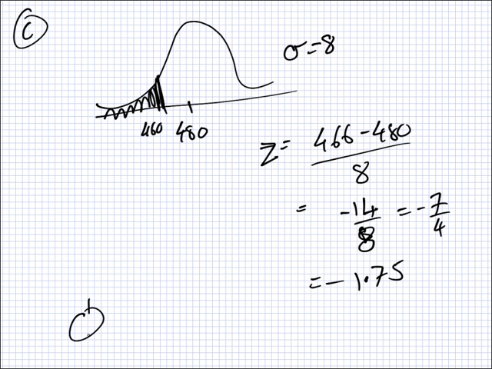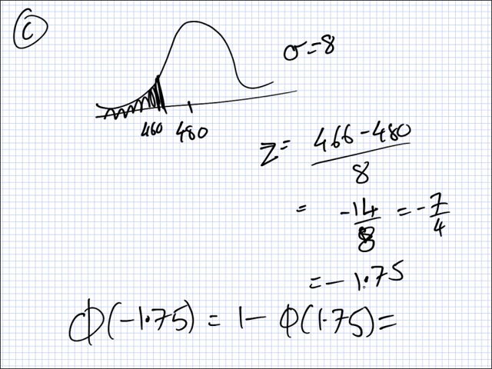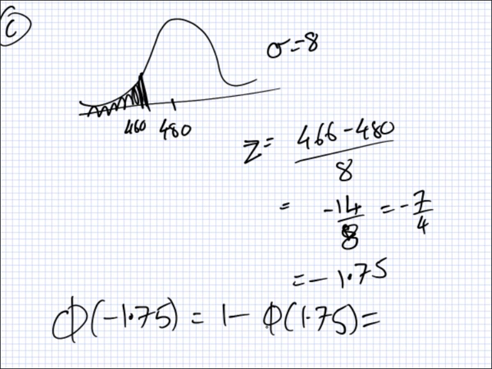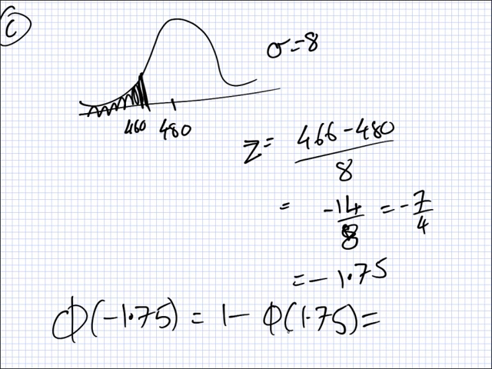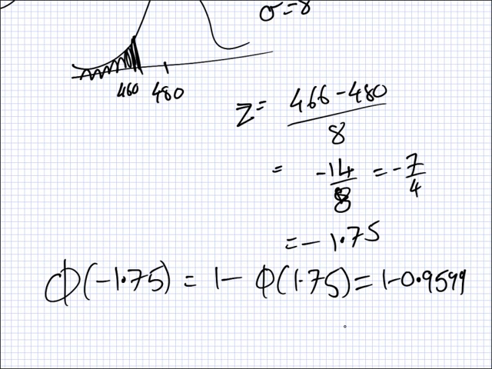So we need to look up the table of minus 1.75, but we can't look up a minus, can we? So then we have to look up 1 minus table of 1.75, and our answer is 1 minus 0.9599, okay. 0.0401. 4%.